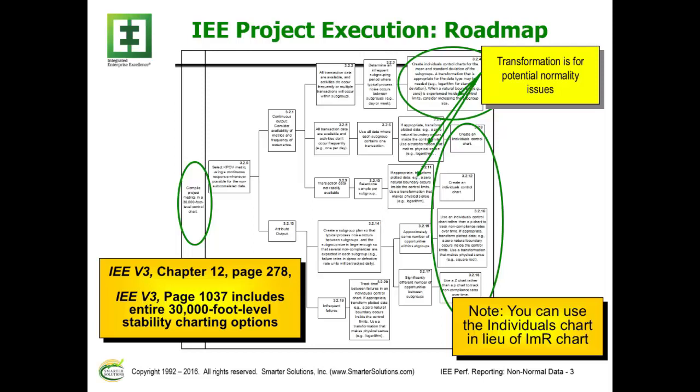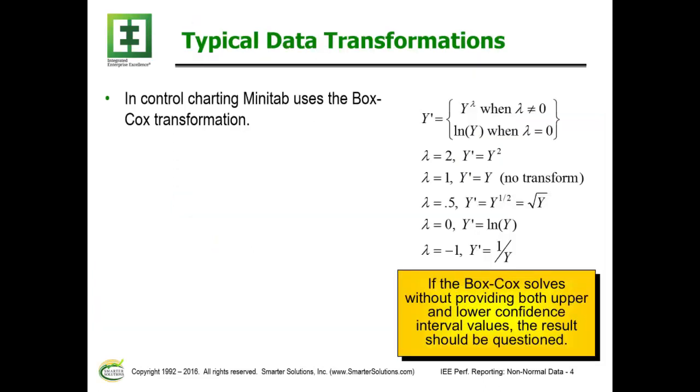In the overall decision tree for which particular tool to use when creating the stability chart for the 30,000 foot level report out, you would use this graphic on page number 278. Now that could involve a transformation, and these are various Box-Cox transformations.